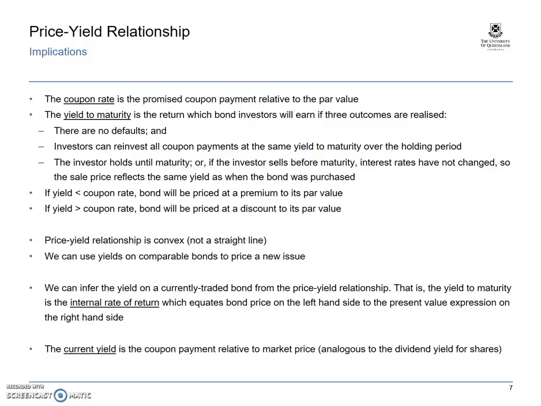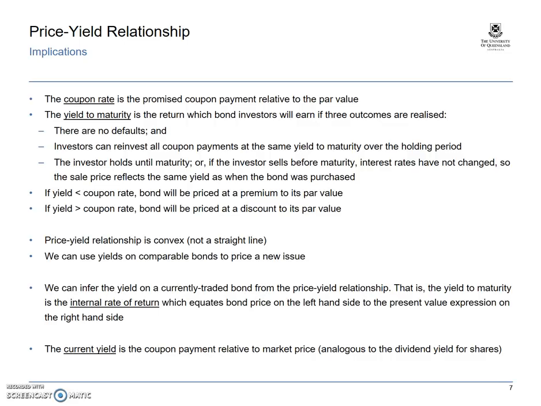Secondly, we assume that the investor can reinvest all of the coupon payments at the same yield to maturity over the holding period. And thirdly, we assume that the investor holds the bond until maturity, or if the investor sells before maturity, we assume that interest rates haven't changed, so the sale price reflects the same yield as when the bond was purchased.